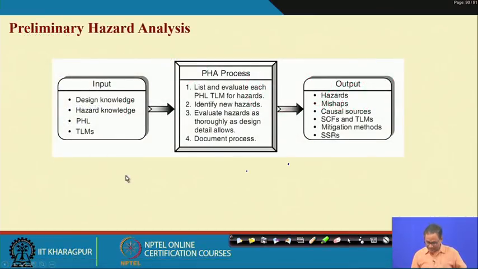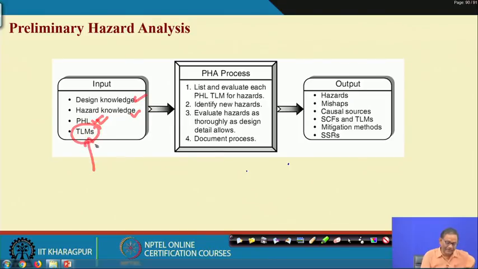If you recall, in PHL also I gave this kind of process diagram, and in PHA also it is given. In PHL we had design knowledge, hazard knowledge, and lessons learned. But in PHA, along with design knowledge and hazard knowledge, the PHL is the input, and this is top level mishaps.